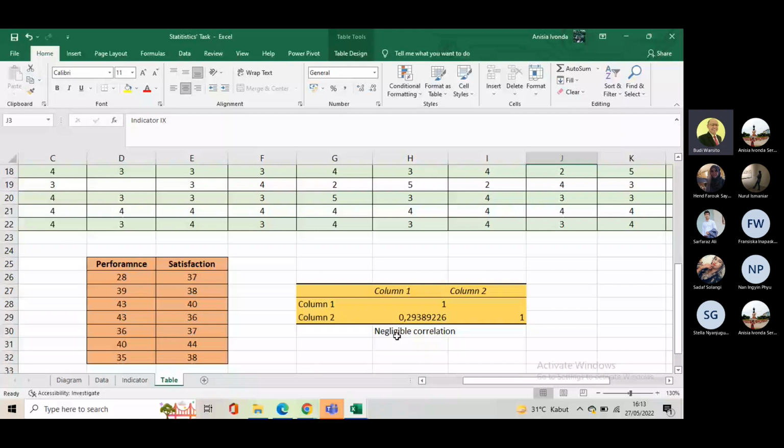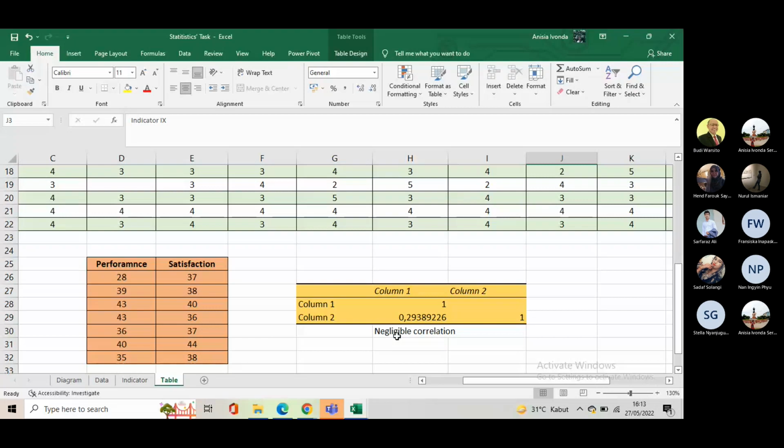Negligible correlation means that the correlation is not significant, or in the extreme sense, we can say that there is no correlation, no significant relationship between the two variables.